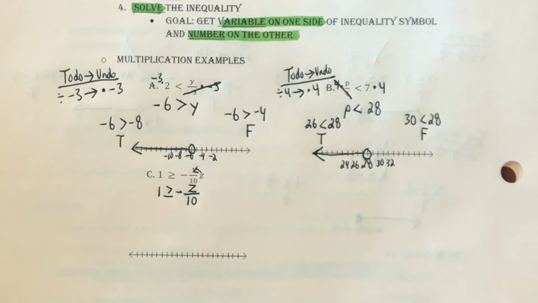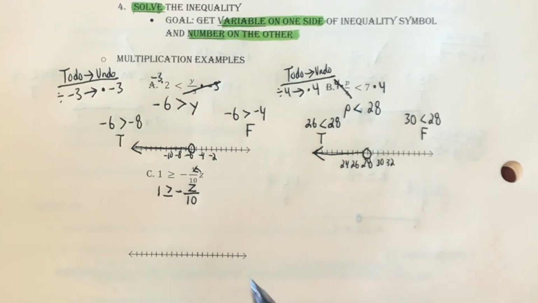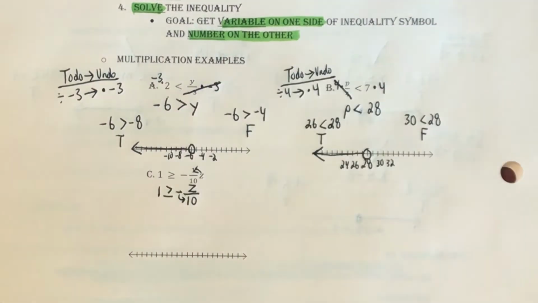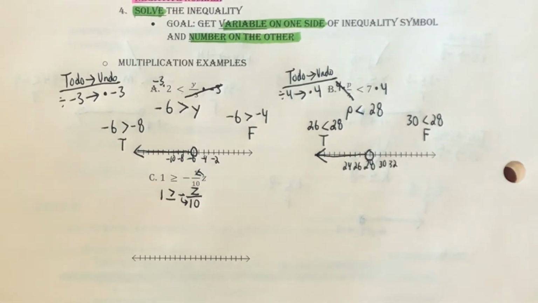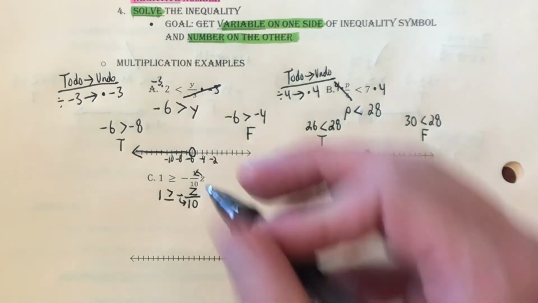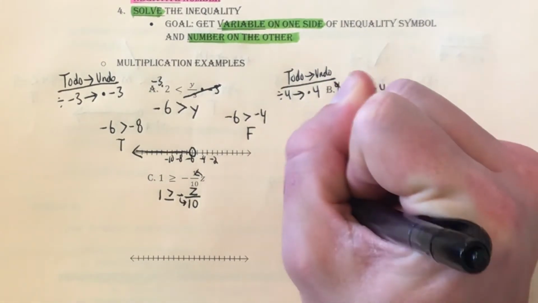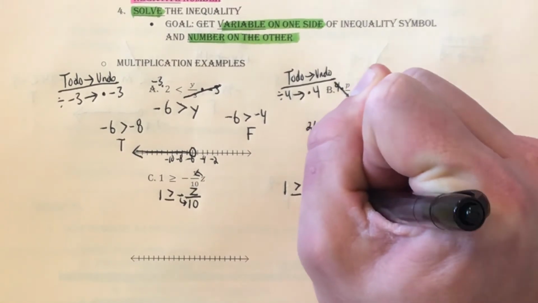So I've got 1 is greater than or equal to -z over 10. I'm also going to then attach this negative here to the bottom with the 10. So I'm going to say that negative is a part of the 10. So if I wanted to rewrite this again, I would write it as, I'm going to move it over here to the side, 1 is greater than or equal to z over -10.